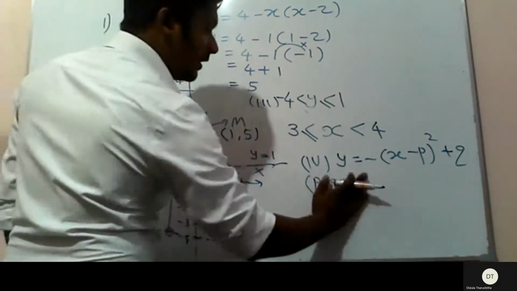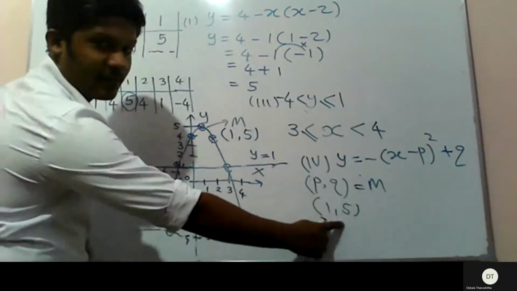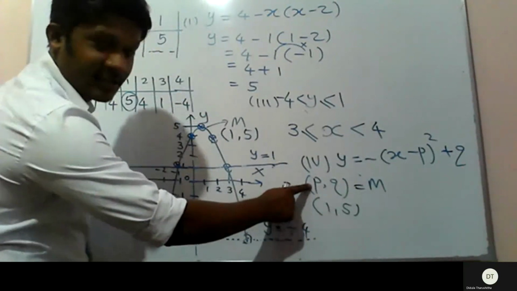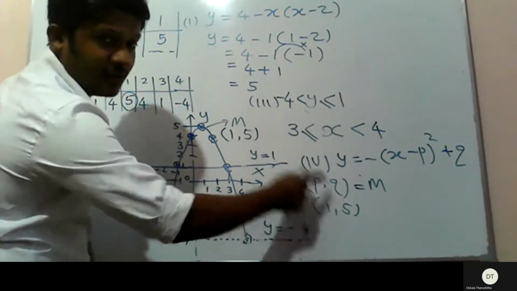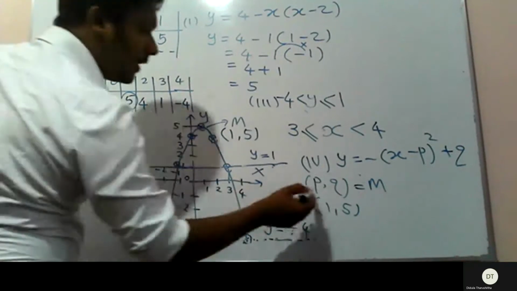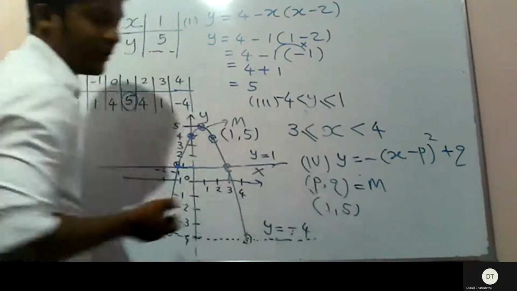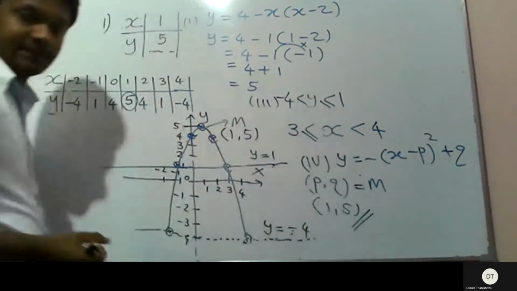M equal p comma q, then 1 comma 5 are the coordinates of M. Then p equal 1, q equal 5. Okay, then this is the answer.